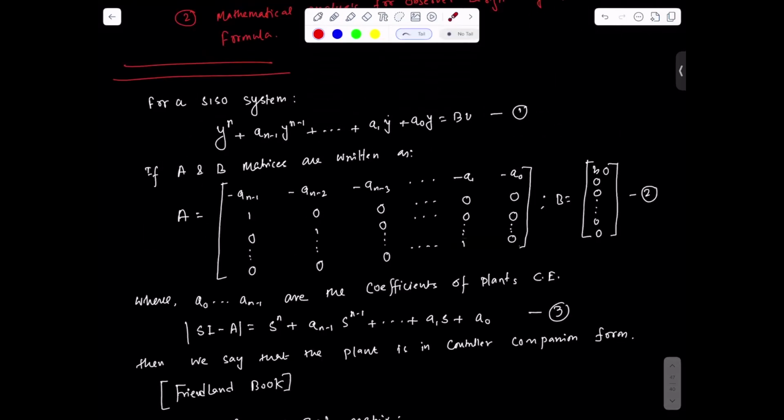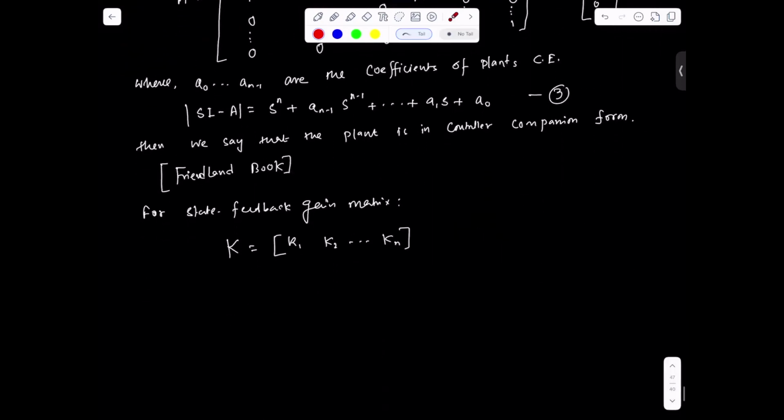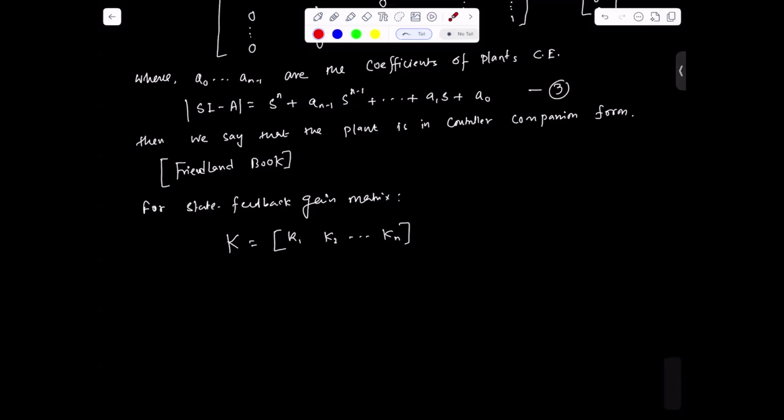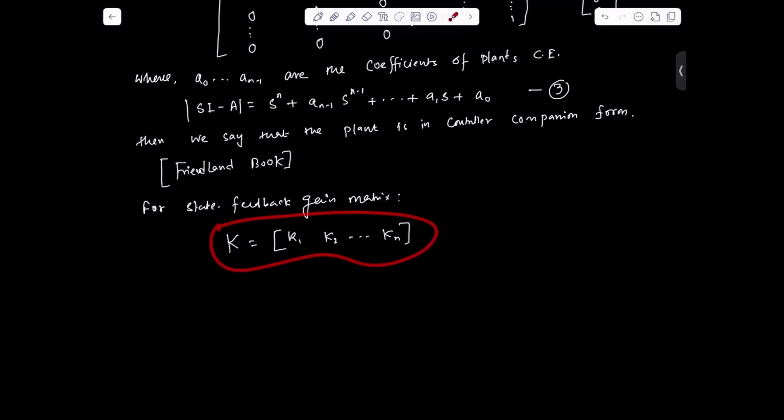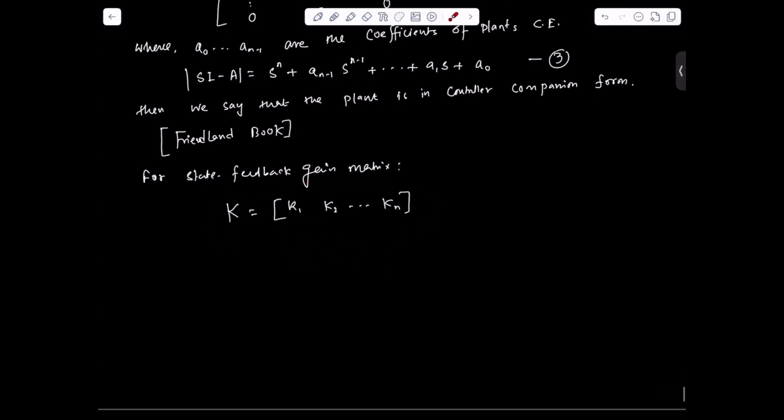The dimension of this is n. Now based on this control gain matrix, we can find the augmented matrix, which we have already done.